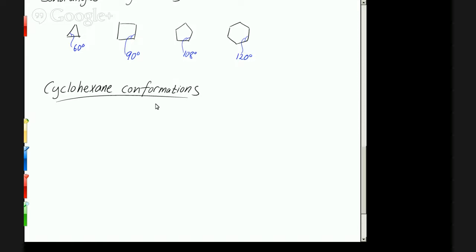So we have to draw this in such a way that it's clear what we're drawing. It's clear which part is where and what's pointing up and what's pointing down. So to do that, let's first make sure we all have really good models. The correct model should look something like this. If you look at it from the side, straight onto the side, you should see two sets of parallel lines in the middle from those two bonds.